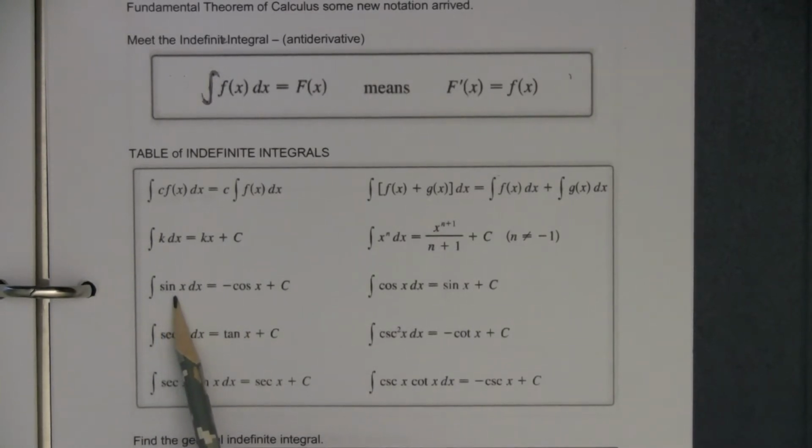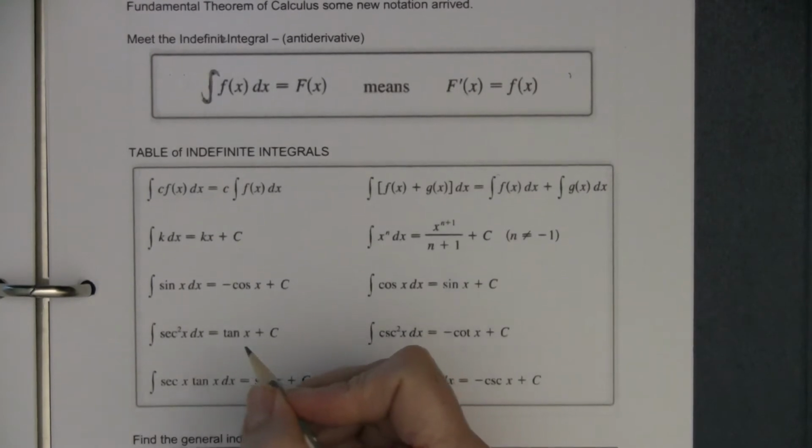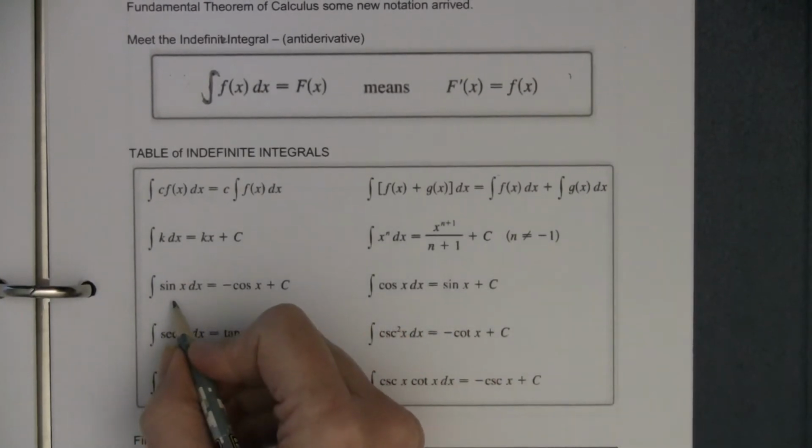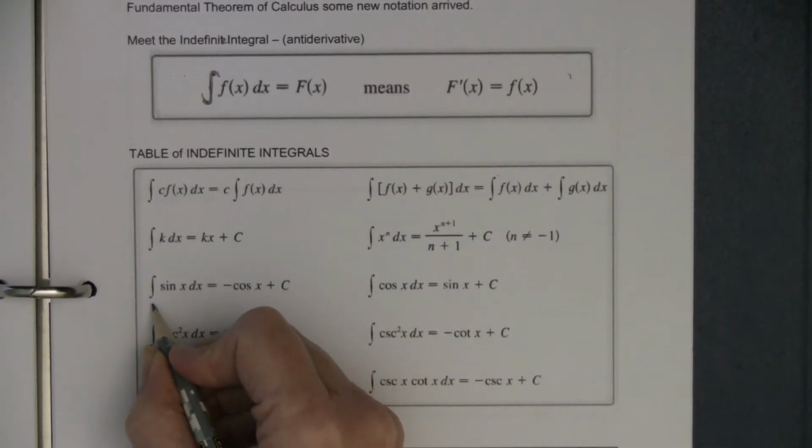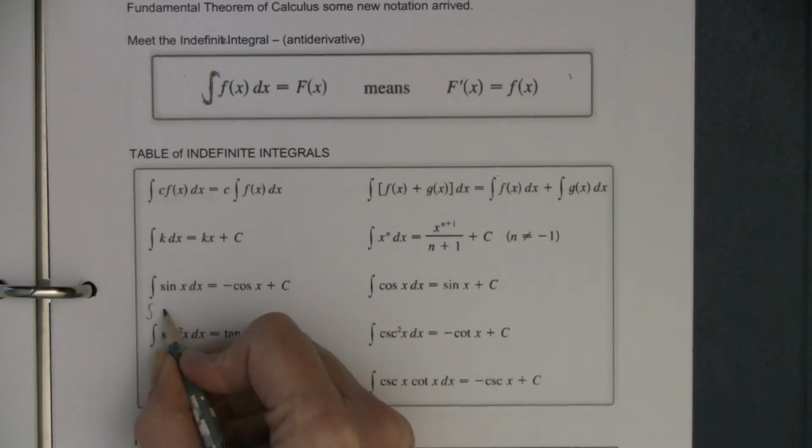The integral of sine of x dx is equal to negative cosine of x plus c. And there's another way that you can write this, and I think it's really good. I'm going to add this right here as neatly as I can.